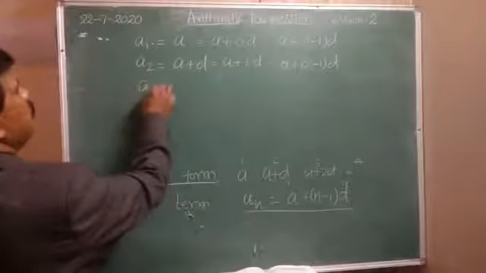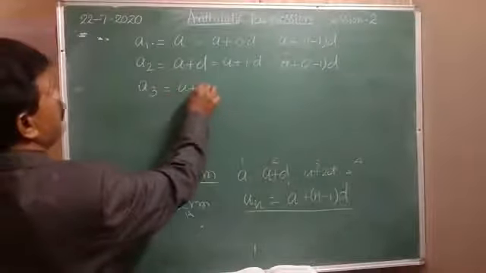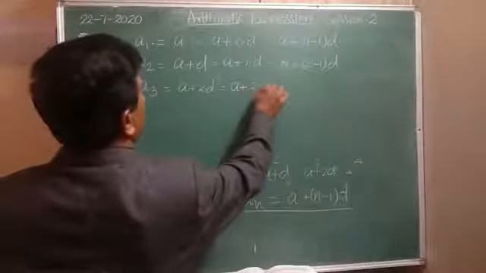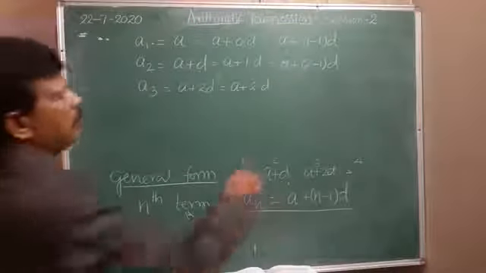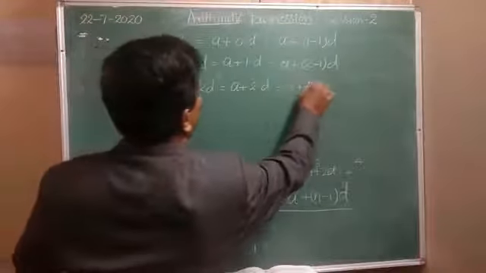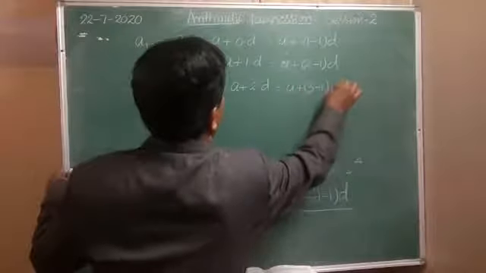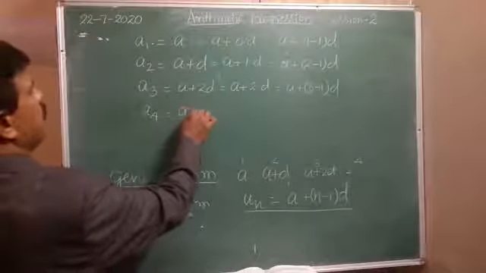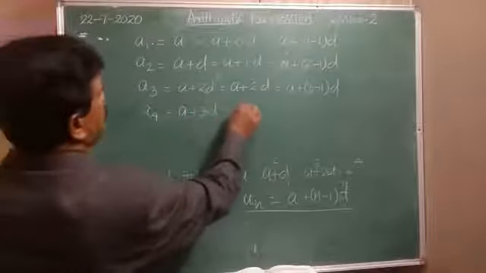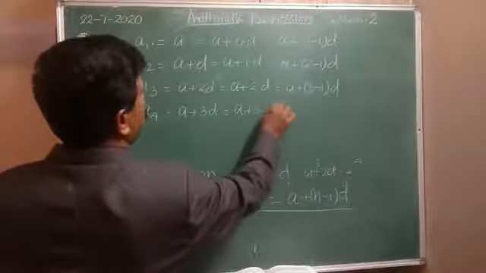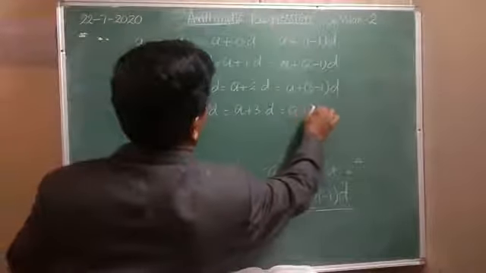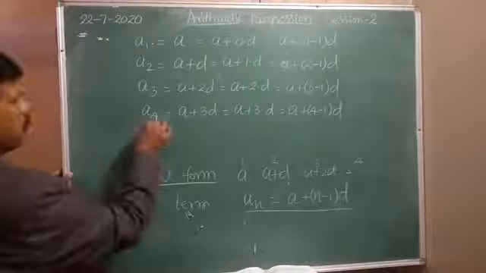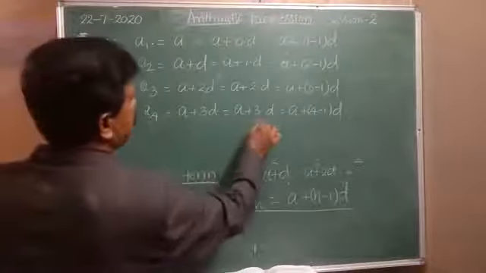Now a3 equals a plus 2d, the third term, that is a plus 2 into d. Then this is a plus 3 minus 1 into d. Now next, a4 equals a plus 3d, that is a plus 3 into d, that is a plus 4 minus 1 into d. So if you continue like this, etc.